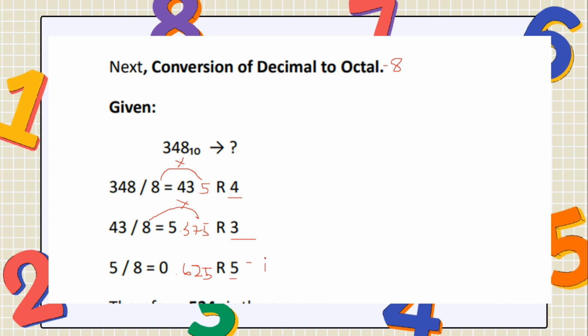Same again. So the answer is the conversion of decimal to octal is 534. Base niya is 8.